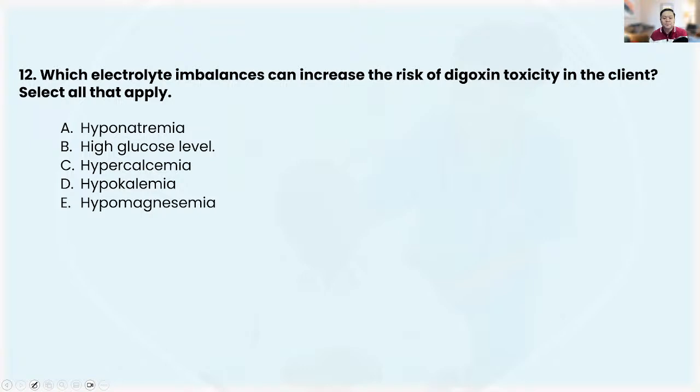All righty. Now let's take a look into the selection right now. We are looking for those electrolyte imbalances that can potentiate the occurrence of dig toxicity. Well, let's take a look at letter A. Hyponatremia. Will it lead to dig toxicity? No. This is a wrong answer.